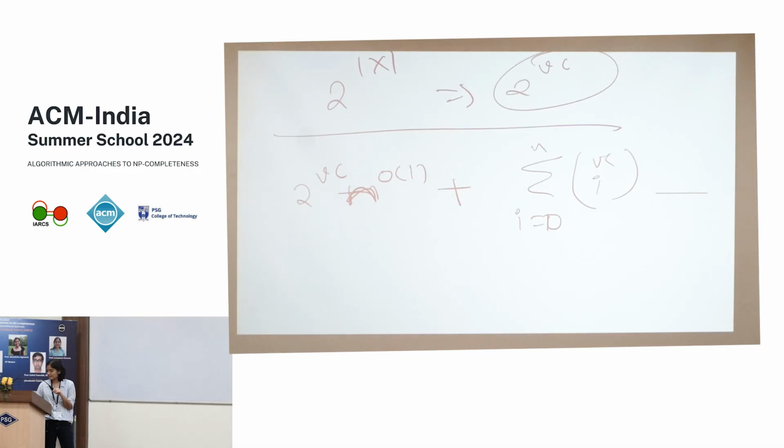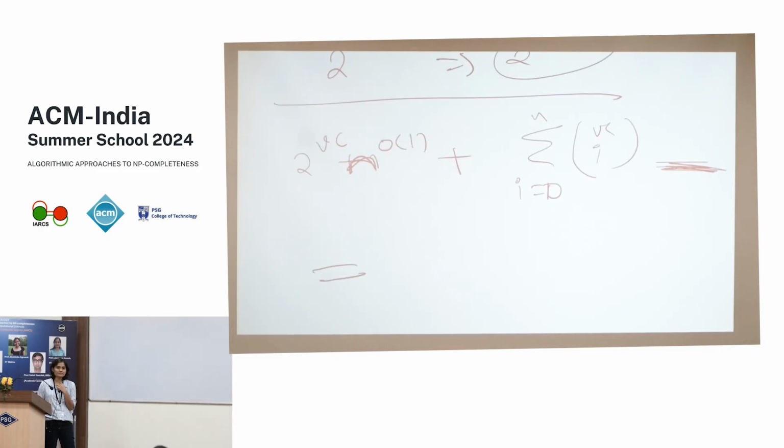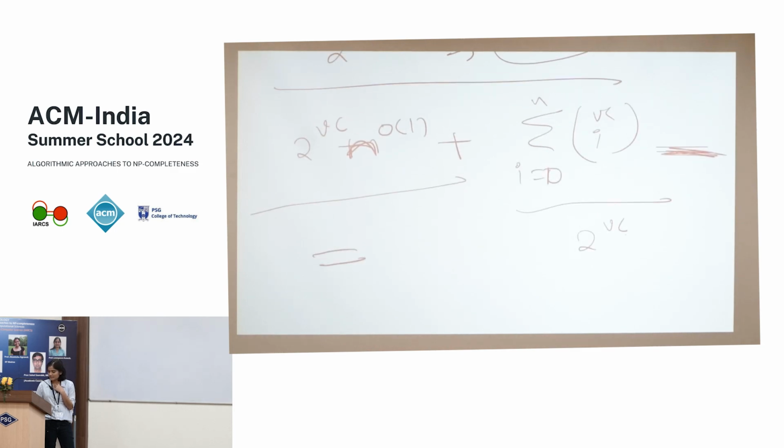So this is something polynomial here, so I am not multiplying any exponent factor here. Yes? So what will be my running time now? 2 power vertex cover, because this is 2 power vertex cover, this is 2 power vertex cover, which gives me a 2 power vertex cover n power order 1 algorithm.